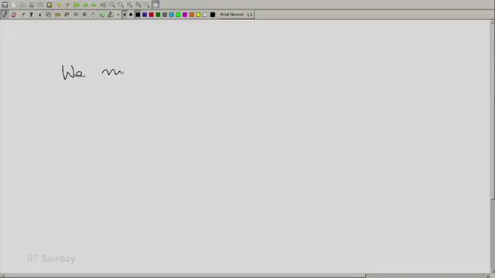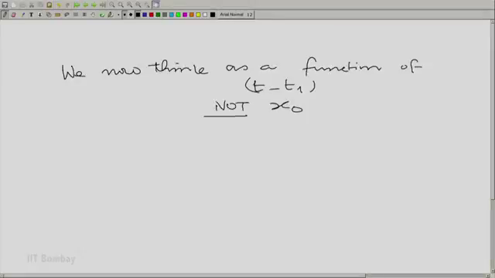We have to think of this as a function of t minus t1, not x0 anymore. And of course everything is just proportional. After all, x0 is essentially omega 1 into t minus t1, so it is just a scaling.